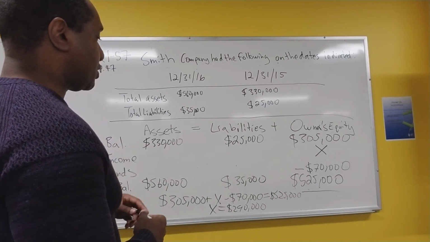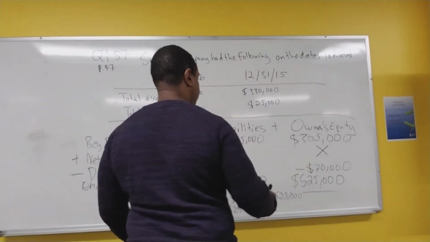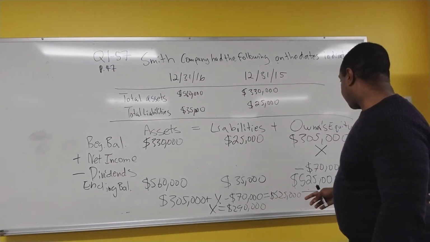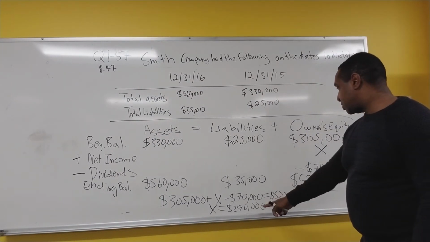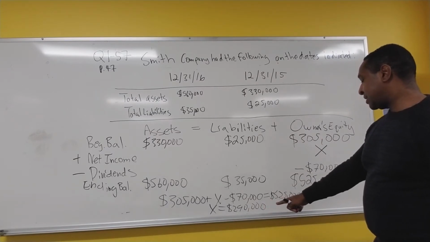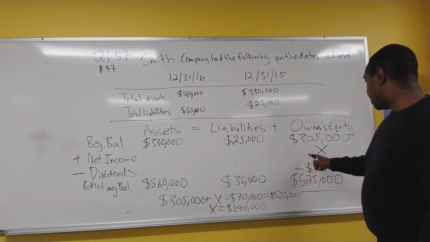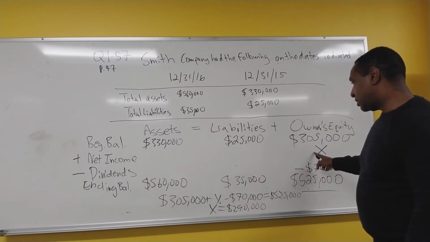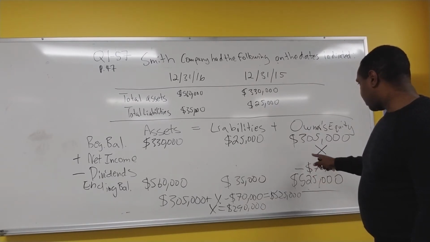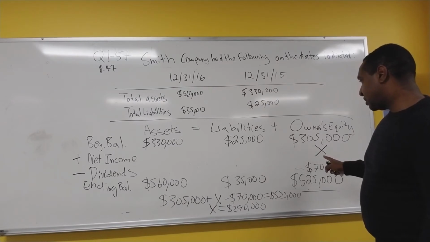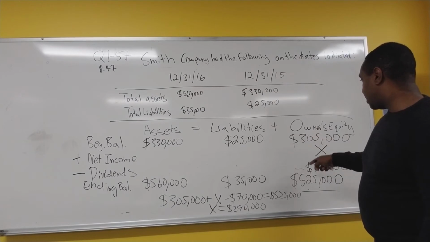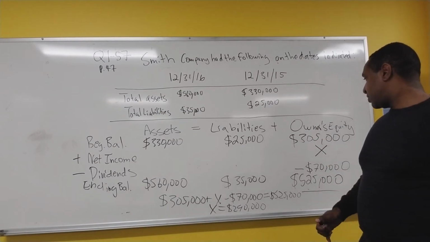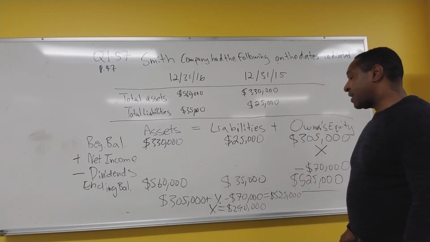And to check it, remember everything has to add up. If we subtract 70,000 from 290,000, we get 220,000, and then that gives us 525,000.